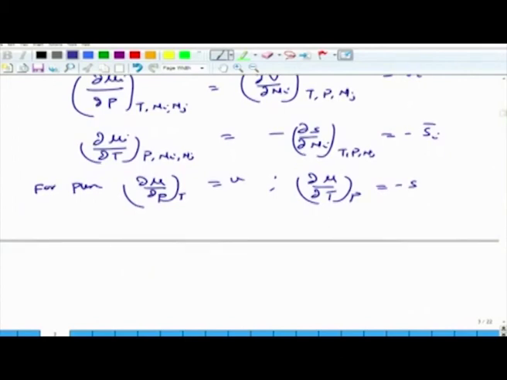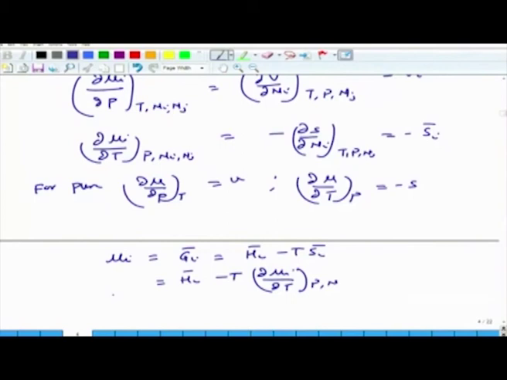Now, let me end this part of the discussion by considering that I can also connect the partial derivative of mu to something more measurable, not just entropy. How am I going to do that? By considering that mu i is nothing but G i bar, equal to H i bar minus T S i bar. Now S i bar is this expression, so I can write this as H i bar minus T del mu i by del T at P and n constant.